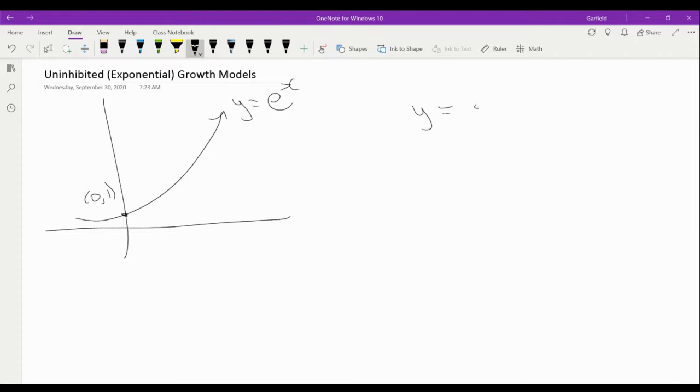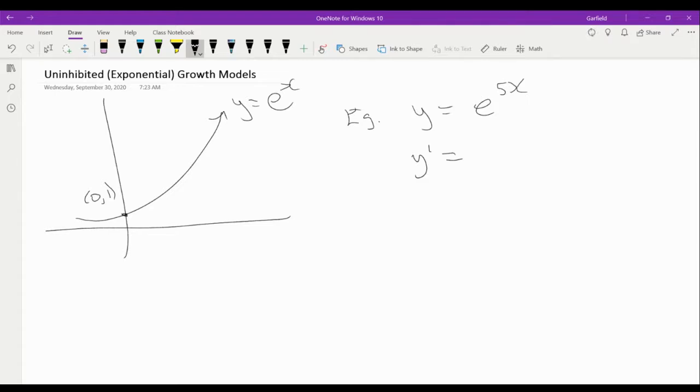So if we had y is equal to e to the 5x, do you remember what the derivative of this was? y prime. How do we find the derivative of the exponential function? 5 times e to the 5x.